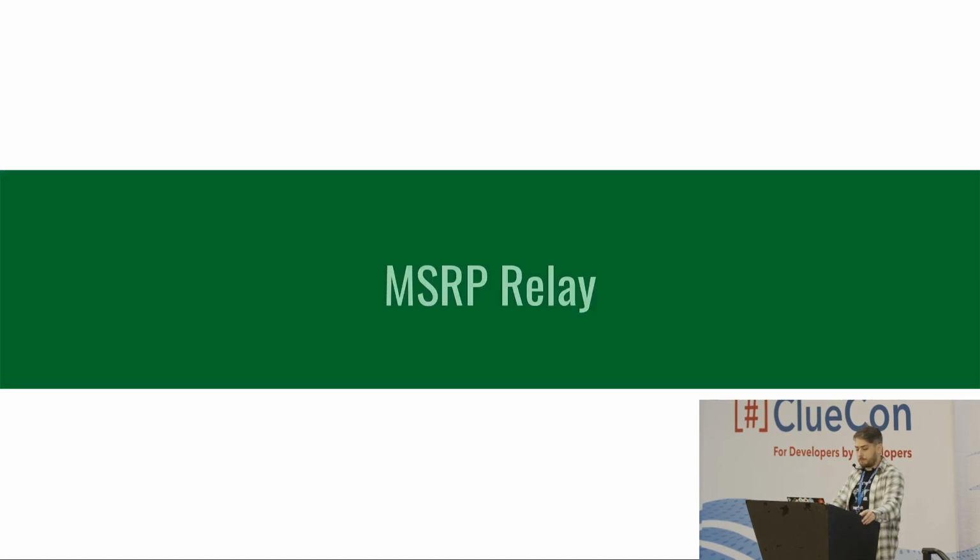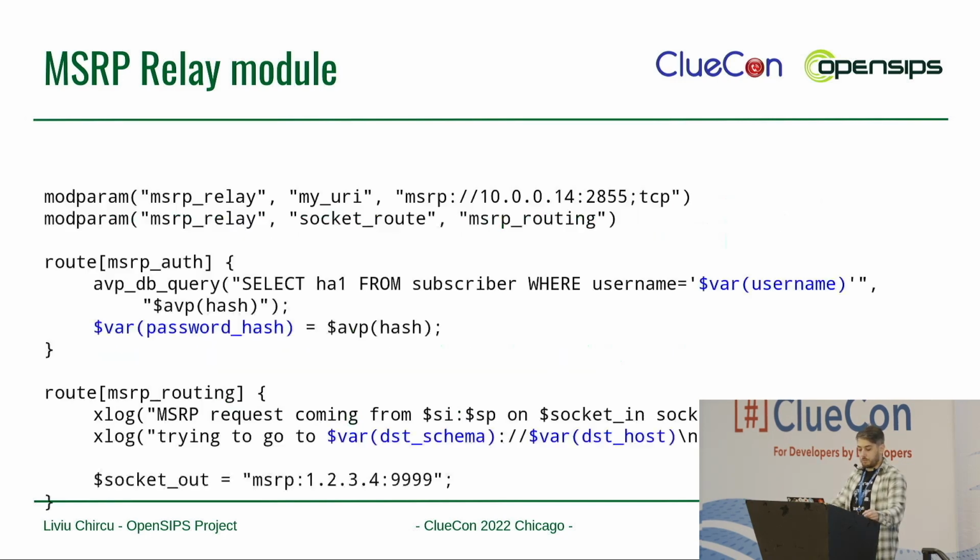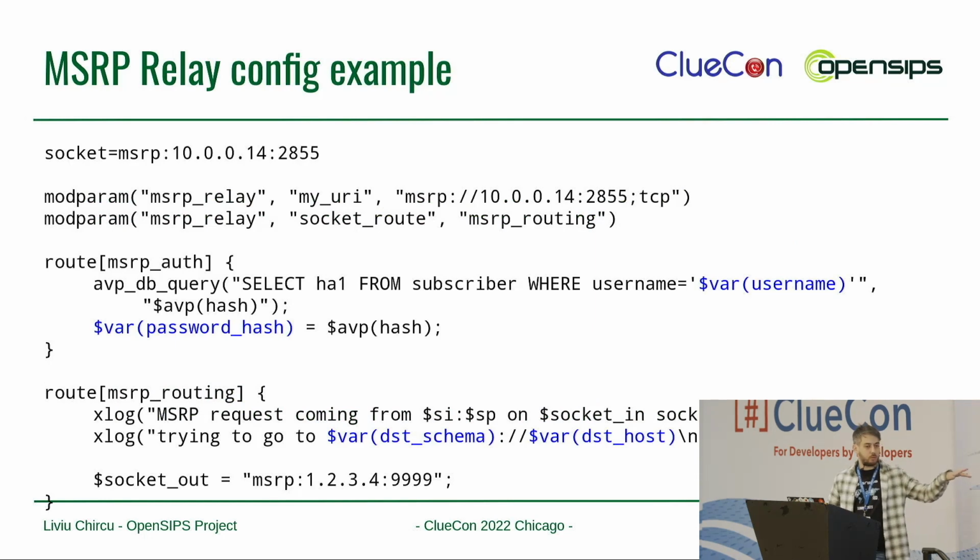So with the relay, it solves the problem of having to do digest authentication. This is in the MSRP RFC, that you have to do this if you're a relay, and the module gives you these nice hooks into the OpenSIPS script on, let's say, the ingress, where you have to do the authentication. That is the MSRP auth route. Going even more specific, it's just like subscriber authentication.